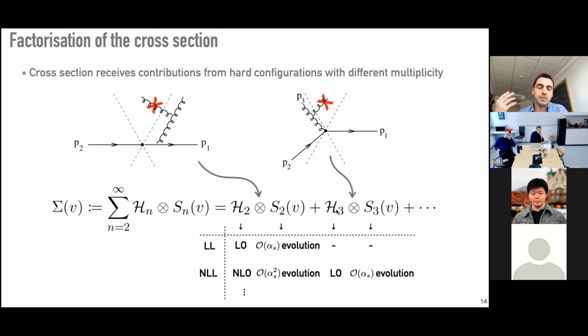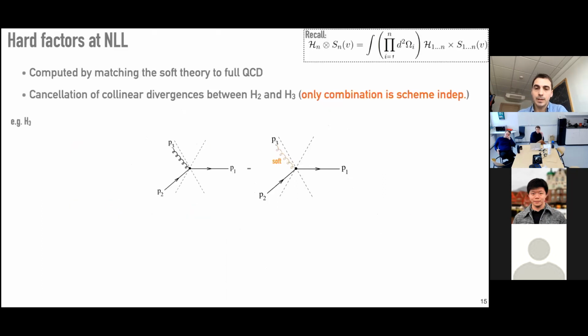And this matching is necessary, of course, because inside the jets, the radiation can be arbitrarily far away from the soft limit, and therefore it has to be described by the full QCD Lagrangian. So at next to leading log, I need to compute this H3 at leading order. That means that I take the calculation of the production of a QQ bar gluon inside the jet, where I still require this gluon doesn't go in the interjet rapidity gap, because in there the radiation has to be exclusively soft. And I simply subtract the approximation where the gluon is soft.